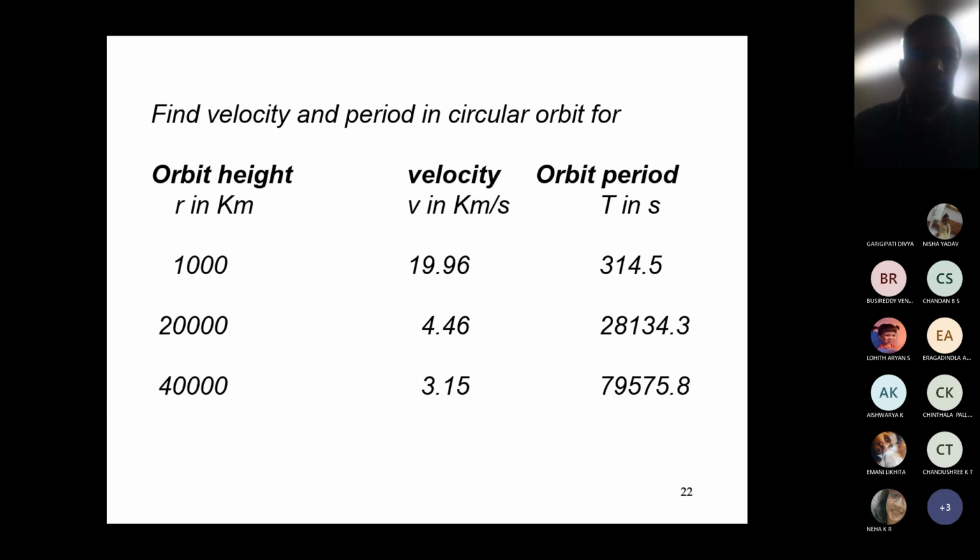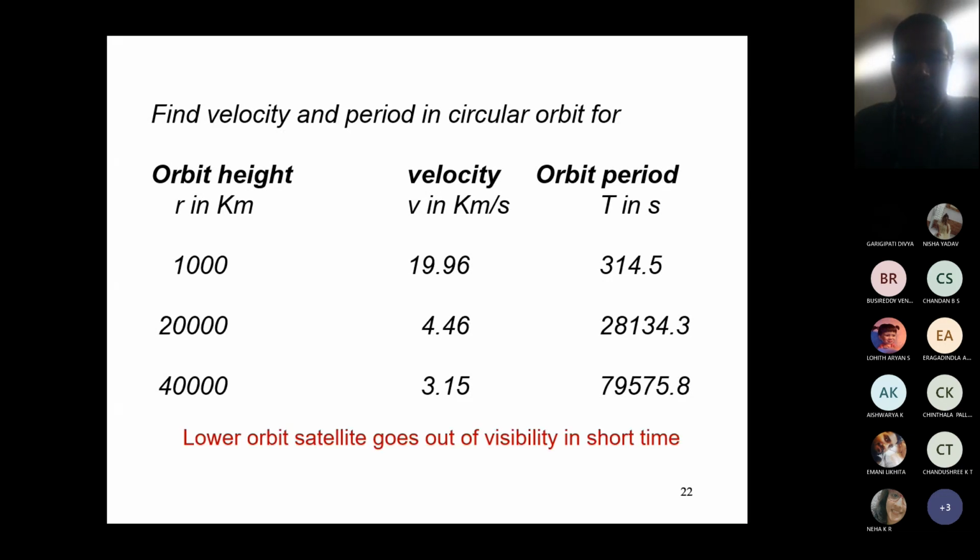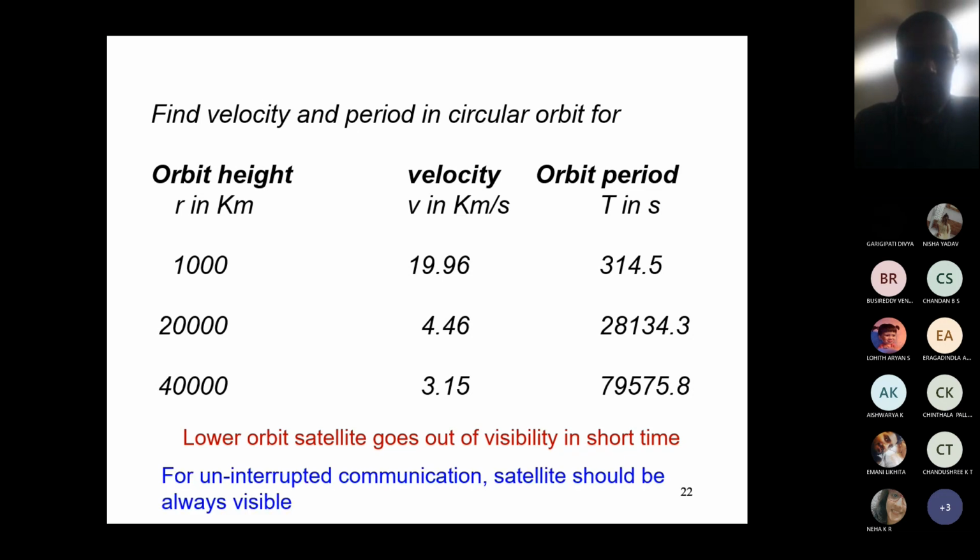In other way, if a satellite is moving at a larger orbital height, then the velocity of that satellite is slower. So with that, we had a conclusion that the lower orbit satellite goes out of visibility for a certain duration of time.